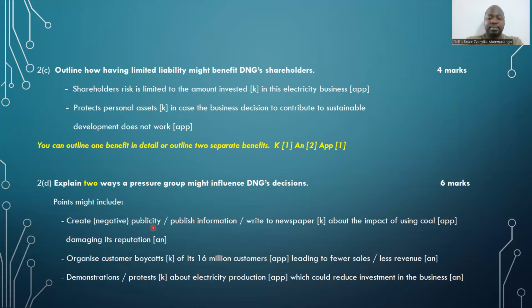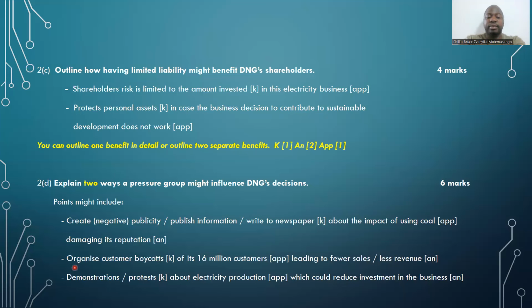That is a fact. And the application there is the impact of using coal. And this may lead to its reputation being damaged. That's analysis. Show a clear fact, analysis and application. And this is a good effect on how the negative publicity will affect the business.